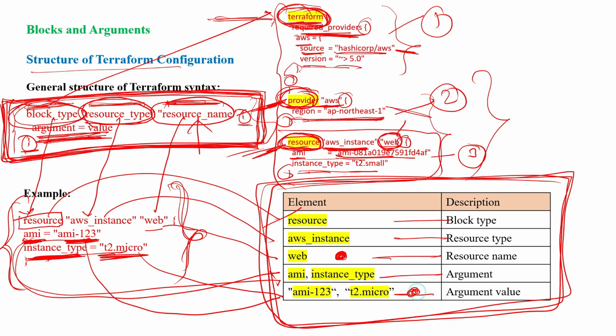This is provider specific, right? Because here you can say t2.micro is the instance type from AWS. This is the AMI ID. So this you can get from the cloud service provider. And apart from that, your block type resource, your resource type name, and the argument, these are some generic or predefined values that you have to understand.